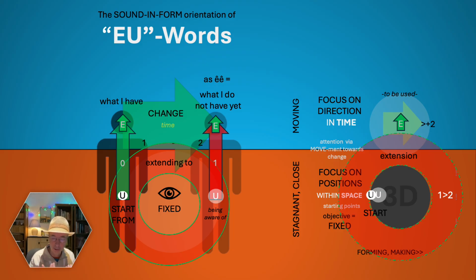So we lose a little bit the finding of a point in space, and we reframe it to find the point where we can start from. But it also has this idea that there's a point that we can start from, and there's another point that we do not know very well. It's the awareness that there is something as well that we do not see, that we do not know yet. So we are dealing with that unknown factor as well, which is also used with the letter U, by the way.